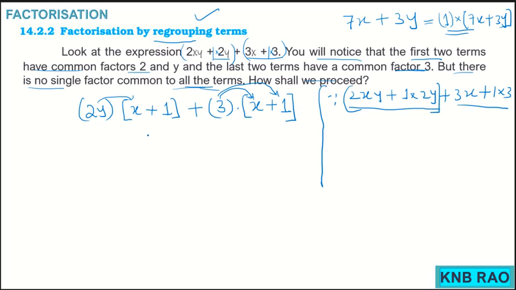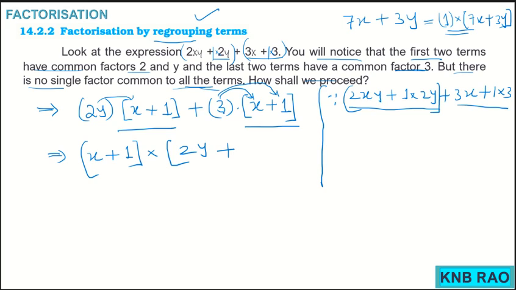Now children, once we do this step, in the second step could you make out x plus 1 being common? Yes. Now if I take x plus 1 common outside, in this product 2y is left over, plus in this product 3 is left over.